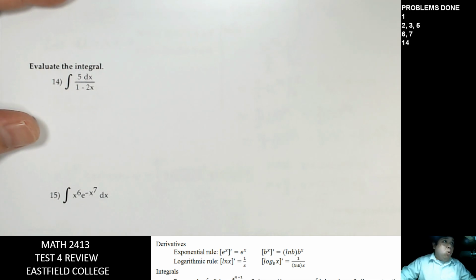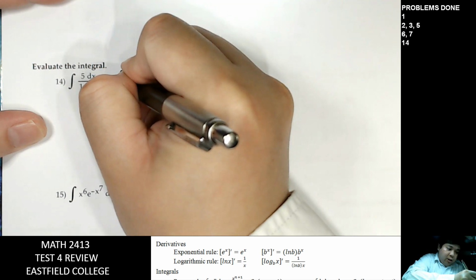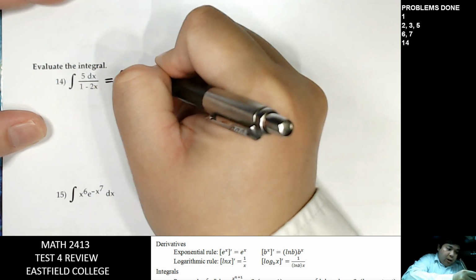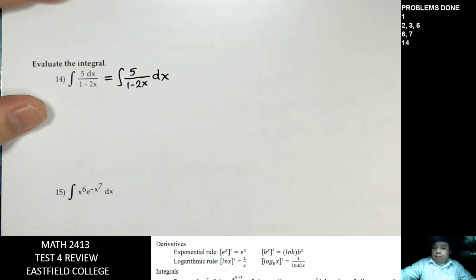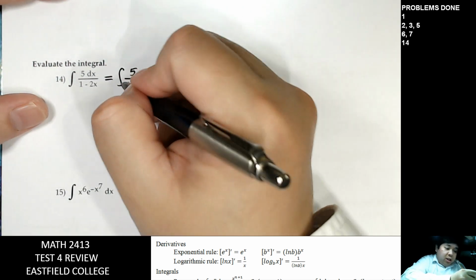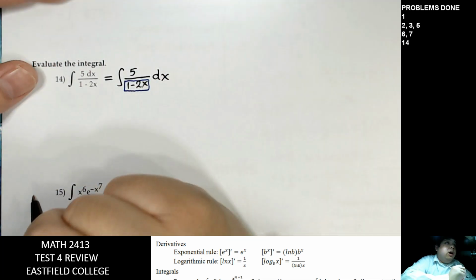Right. Once again, for this problem, I will write the dx on the side, so it's easier to work with. And we start with u substitution.